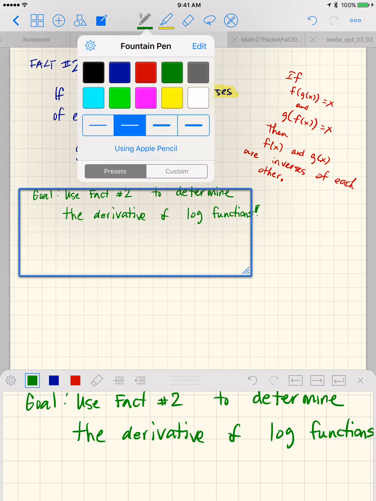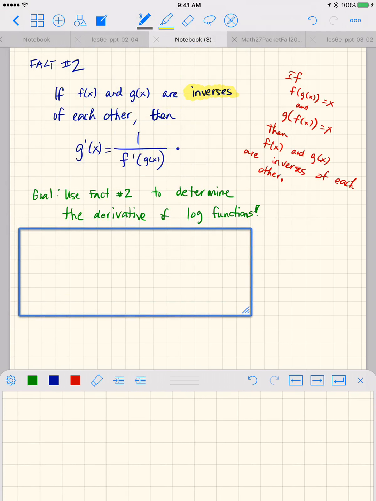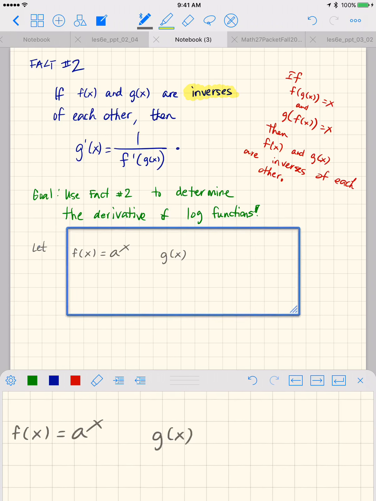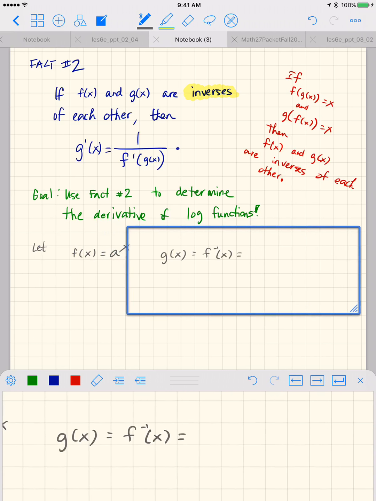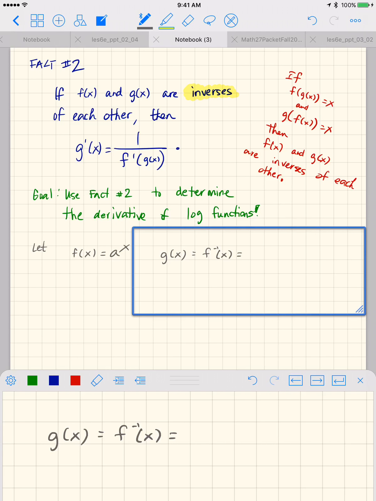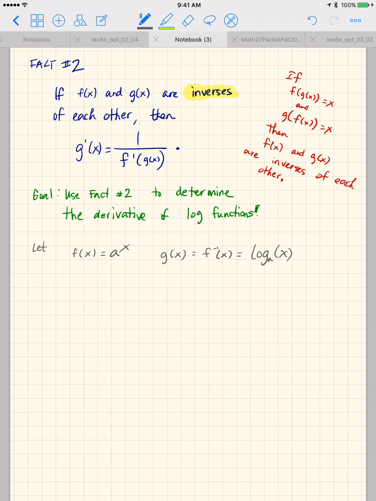So we're going to let f of x equal a to the x, and now g of x is supposed to be the inverse of f of x, right? And what is g of x? If f of x is a to the x, what's the inverse of a to the x? Log base a.